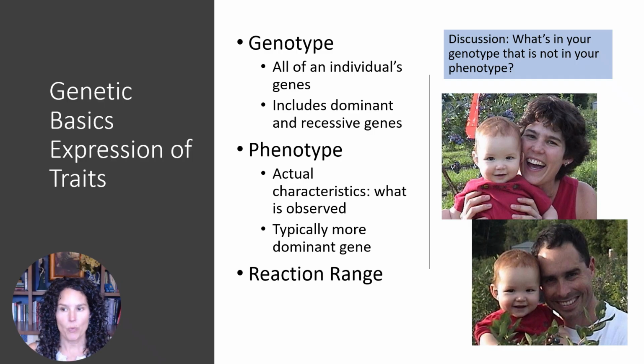Similarly, our reaction range for athleticism. Some of us really have the genetics for that. I don't, and even if I had trained a lot, I was never going to be an Olympian because my genetic reaction range for athleticism was average, maybe even below average.